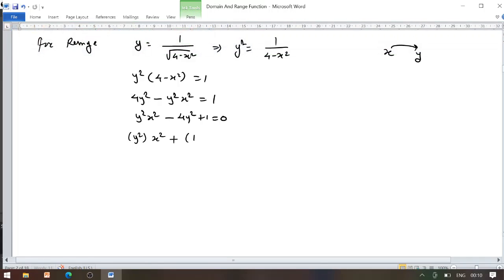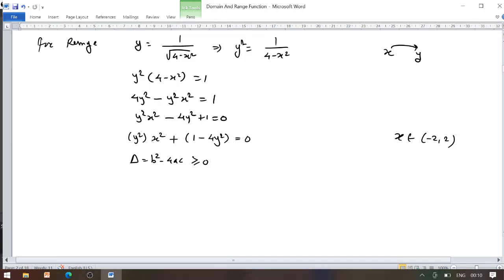Once x is a real number lying in the open interval (-2, 2), for all real values of x the discriminant b² - 4ac should be greater than or equal to 0.